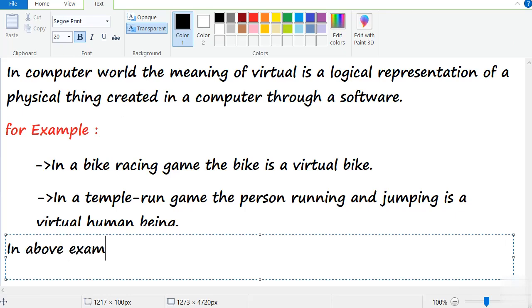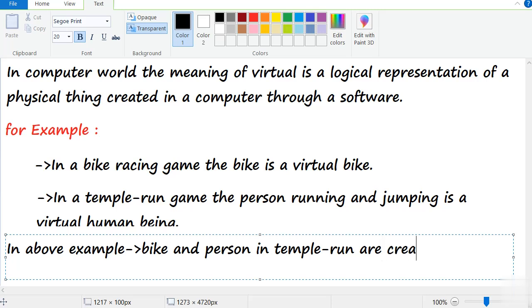In the above examples, the bike and the person in temple run are created virtually using software in a computer.